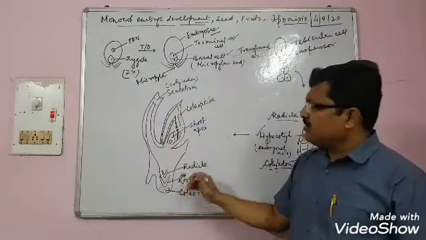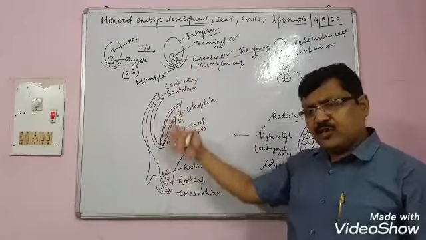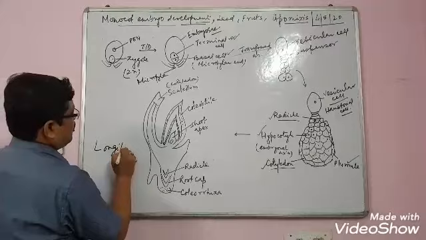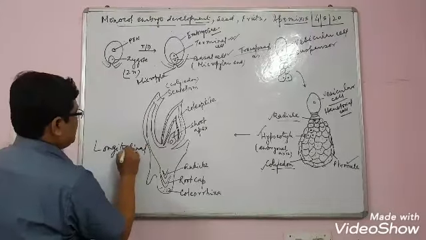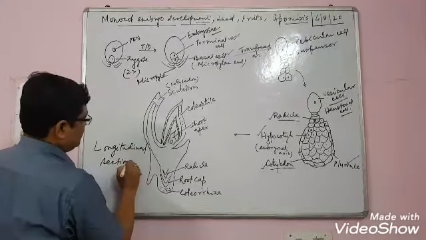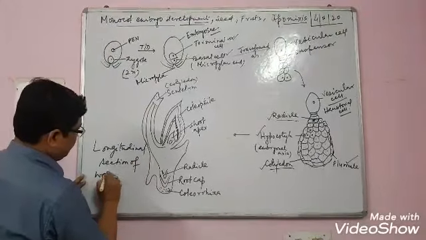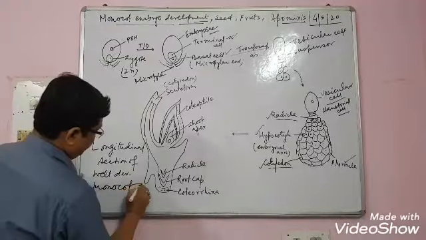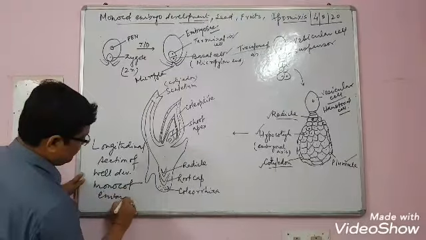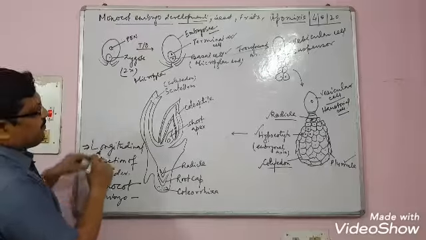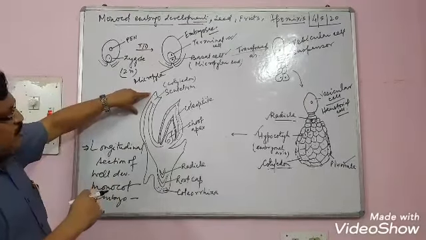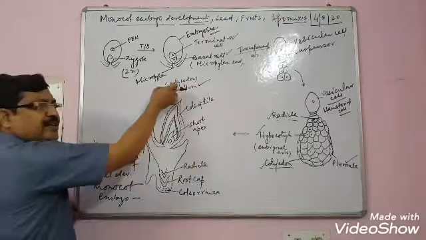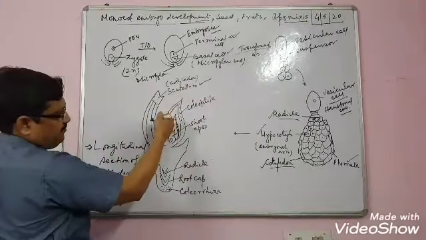This is the longitudinal section of a well developed monocot embryo. In this picture, the single cotyledon is termed the scutellum, also referred to as the cotyledon.